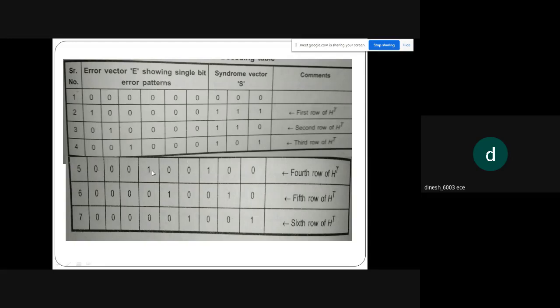If the fourth bit is in error, you'll get 100, which is the fourth row of H transpose. If it is in the fifth bit, I'll get 010, which is the fifth row of H transpose. If the sixth bit is in error, we get the syndrome 001, which is the sixth row of H transpose. So this is your decoding table. This is how to obtain the decoding table.